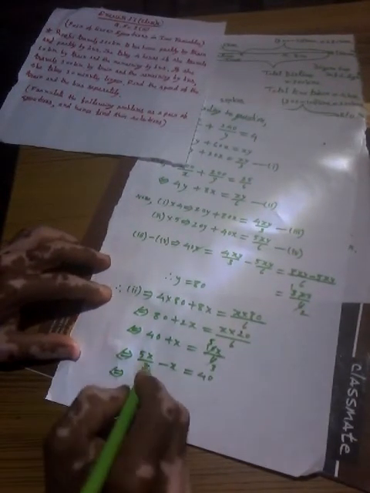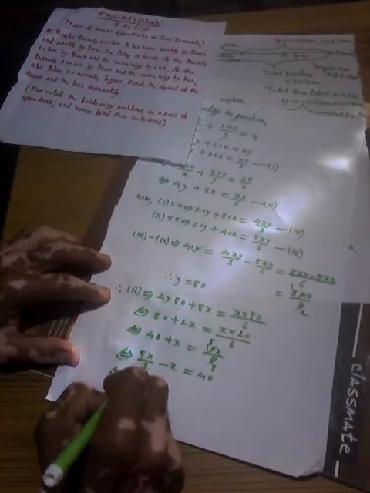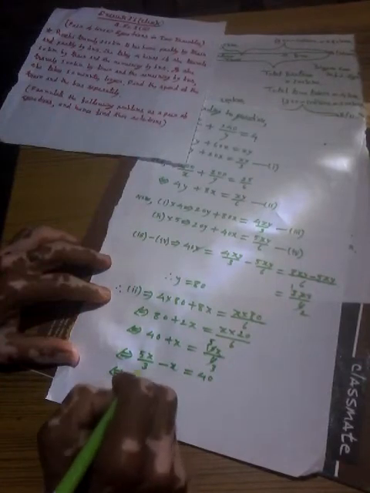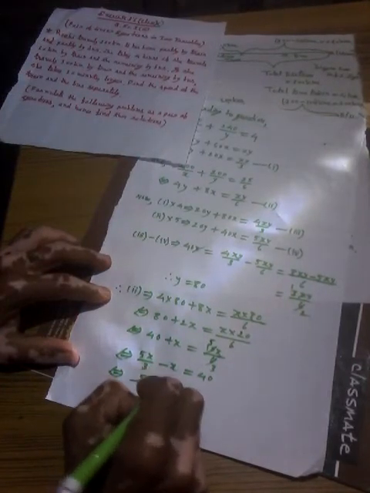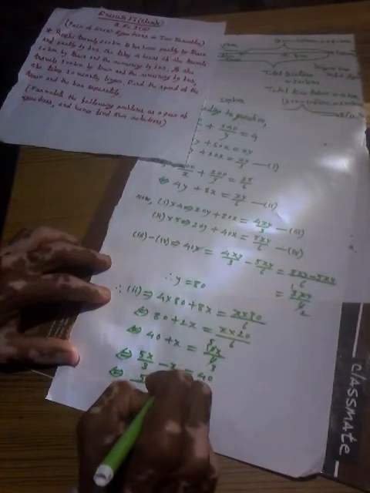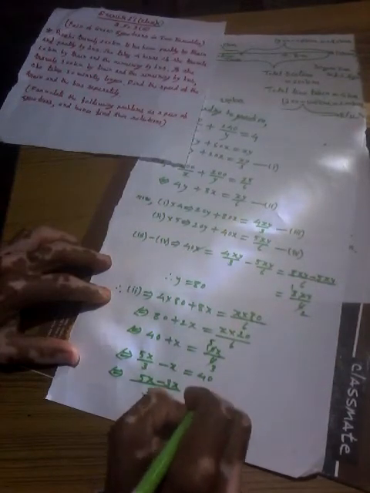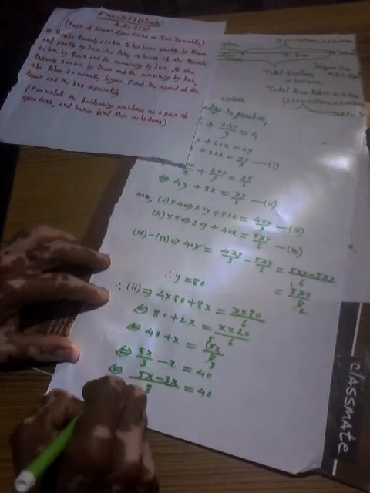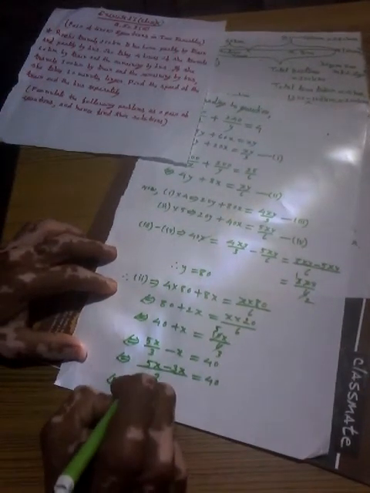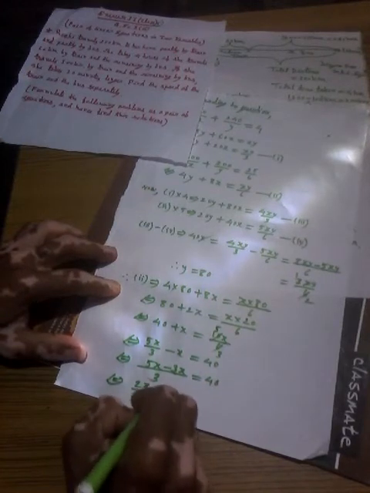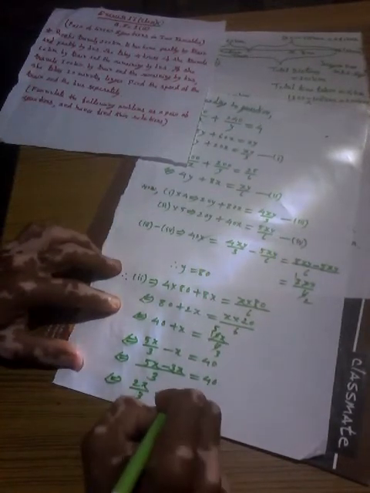This implies, take 3 as LCM, 5x minus thrice x is equal to 40. This implies twice x by 3 is equal to 40.